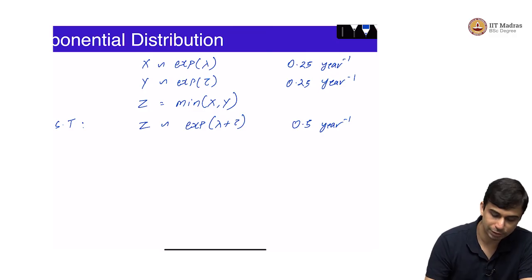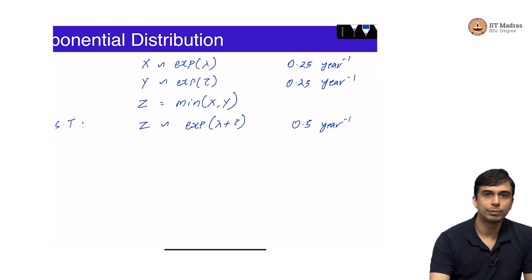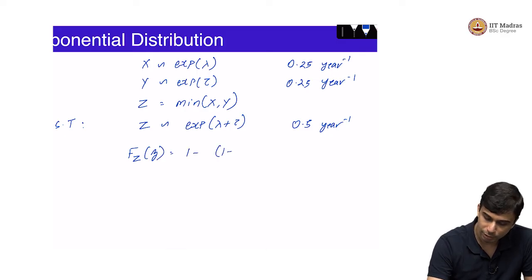How do we prove that Z is distributed as exponential of lambda plus tau when Z is equal to min of X comma Y, where X and Y are independent? We already have the formula for the distribution of the minimum of 2 independent random variables, and based on that, the CDF of Z, F_Z of z, is simply equal to 1 minus (1 minus F_X of z) into (1 minus F_Y of z).